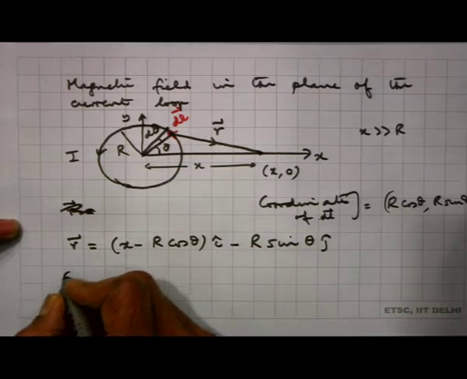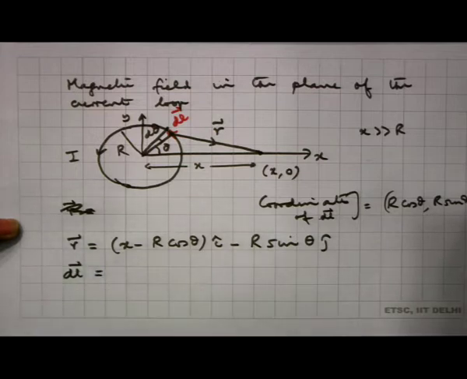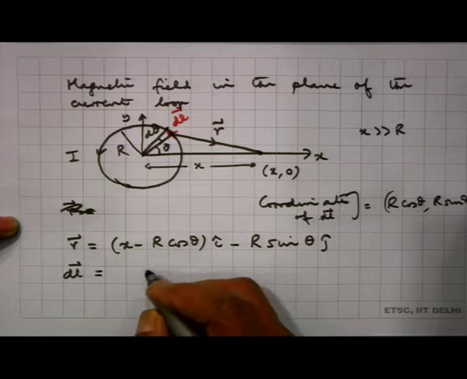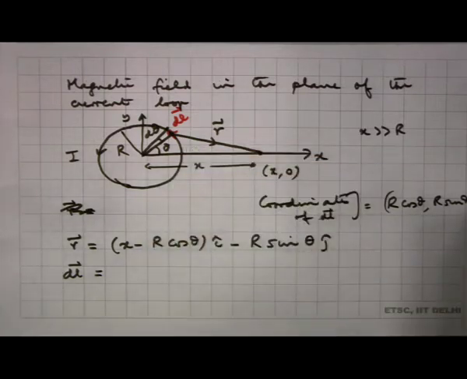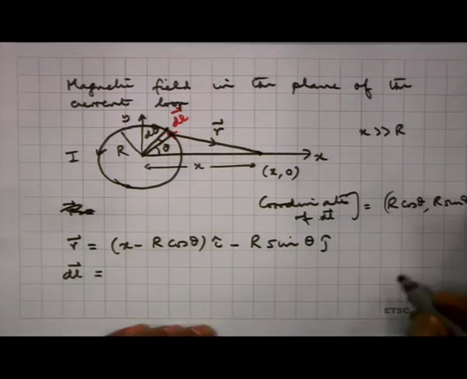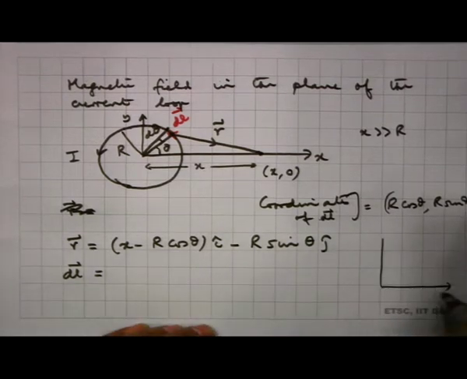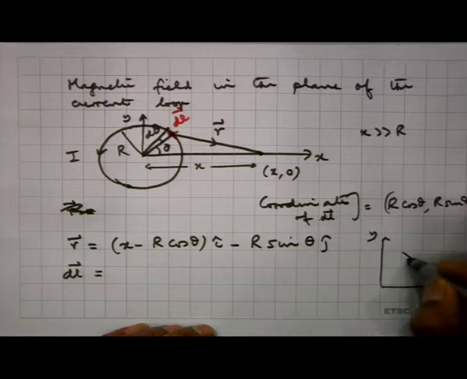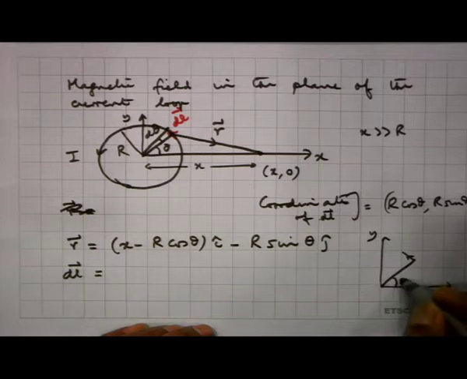I also need an expression for dl, because the Biot-Savart law has dl cross r. So, I need to calculate dl. Let me draw a figure here, x, y. The dl vector is like this and this angle is theta.